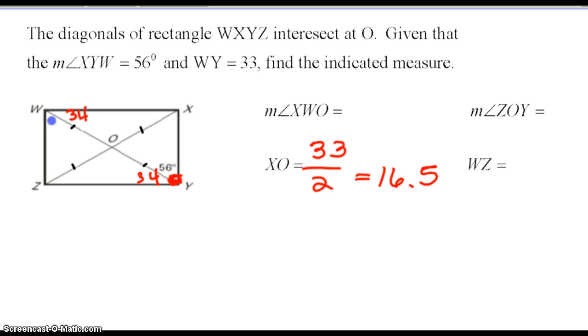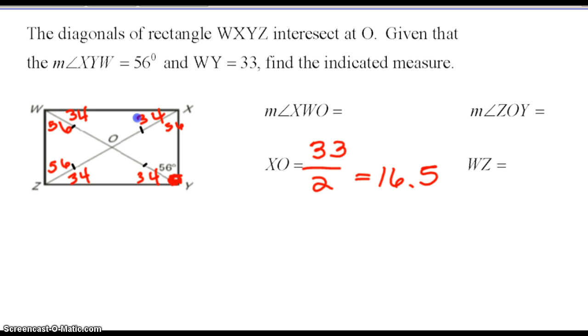And this is 56 because of alternate interior, because my outside lines are still parallel. And now, if we use those isosceles triangles, if this is 34 here, guess what this is? 34. And in this isosceles triangle, if this is 56, this is 56. Alternate interior tells me this is 56, or isosceles triangle, doesn't matter, it is 56, and that is 34.